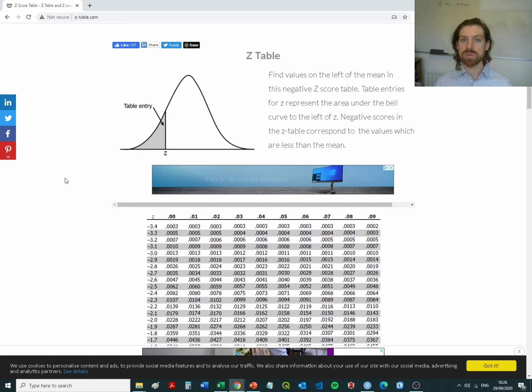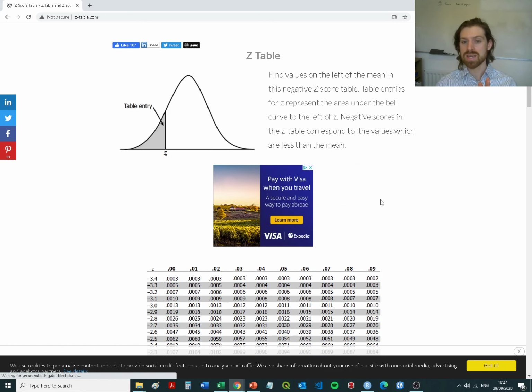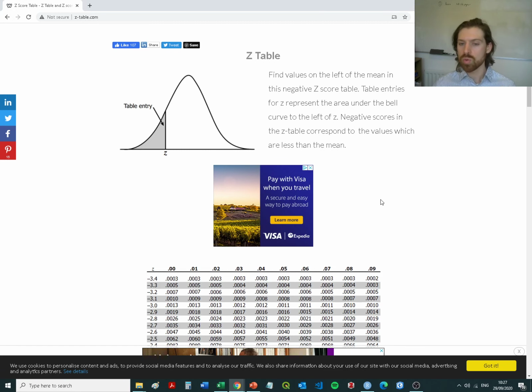And that's because the tables can represent different things. So here it actually represents all of the values that fall above or below a certain point. And that's different to the standardized table which is in the back, which represents the number of values that falls between the mean and the value of interest that you have. So this is really important.